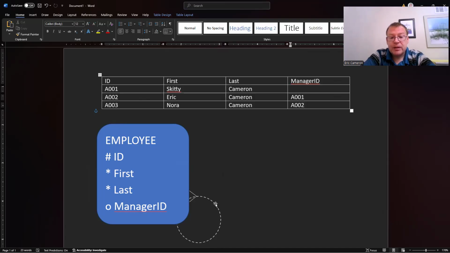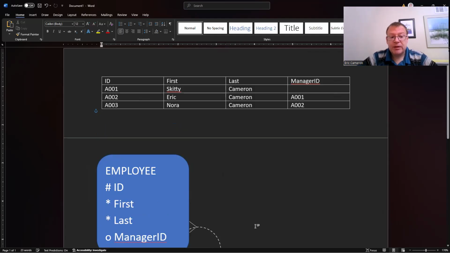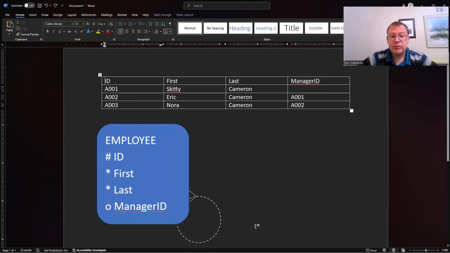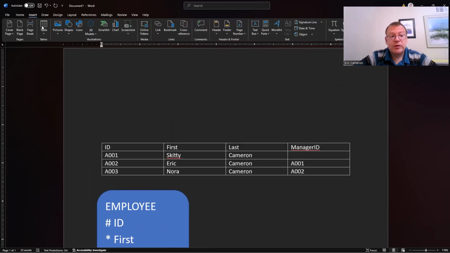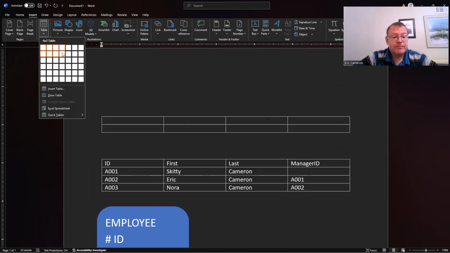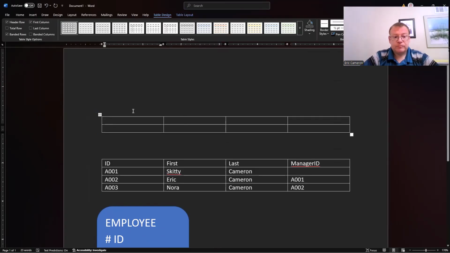Another example might be, let's say we're talking about advising, where maybe you have a faculty advisor or someone who might be looking after your academic curriculum. So very similar. And we might say, there's your student ID.